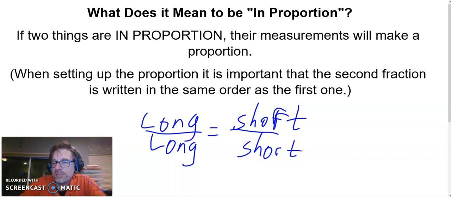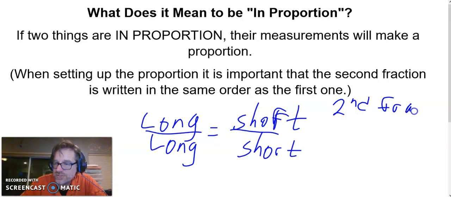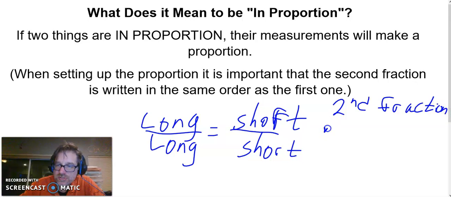So on top, what matters when we set up these proportions, it really doesn't matter what the first fraction says, long over long, short over short, but what matters is that the second fraction matches the first fraction. The second fraction must match the first fraction.